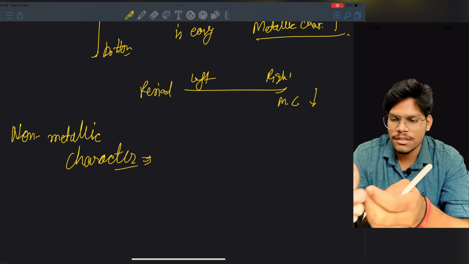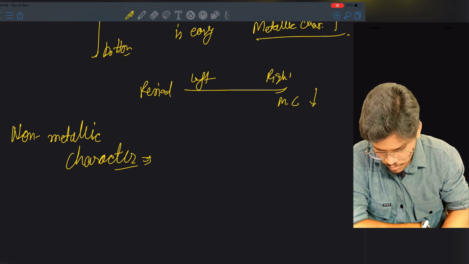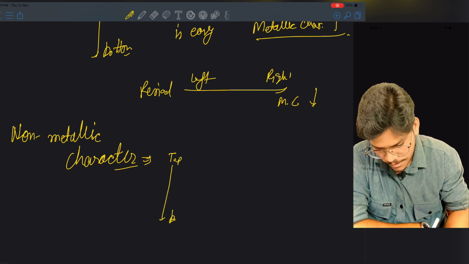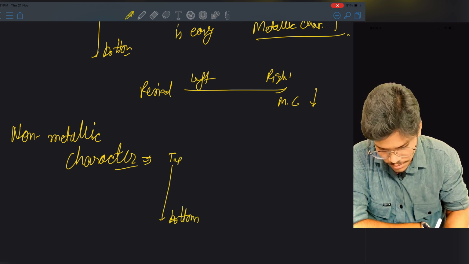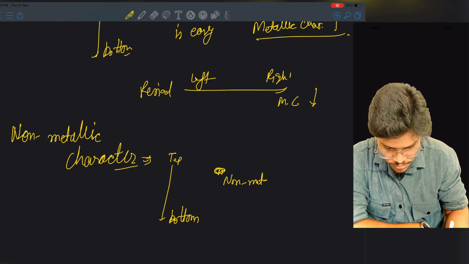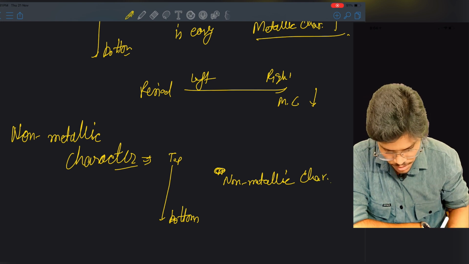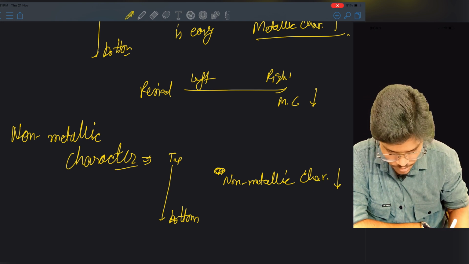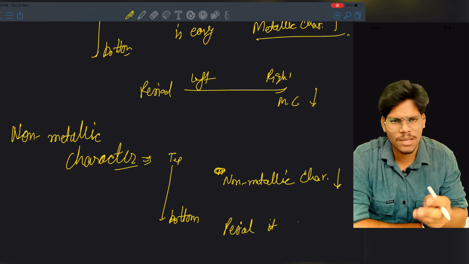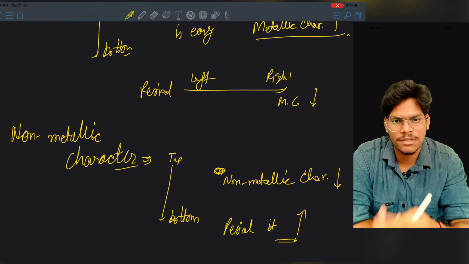Non-metallic character is the reverse of metallic character. When we go from top to bottom, non-metallic character decreases, and in a period it increases. Same logic is applied, just reversed.